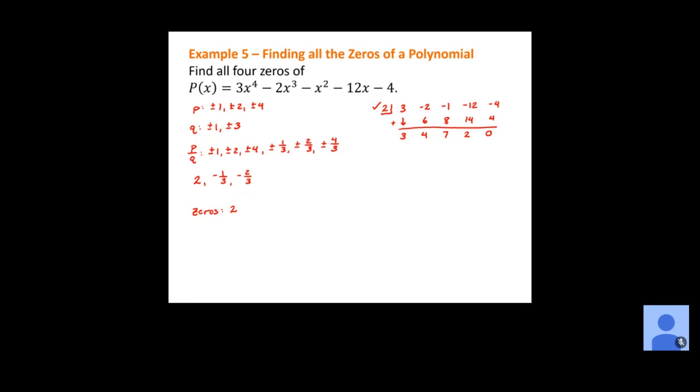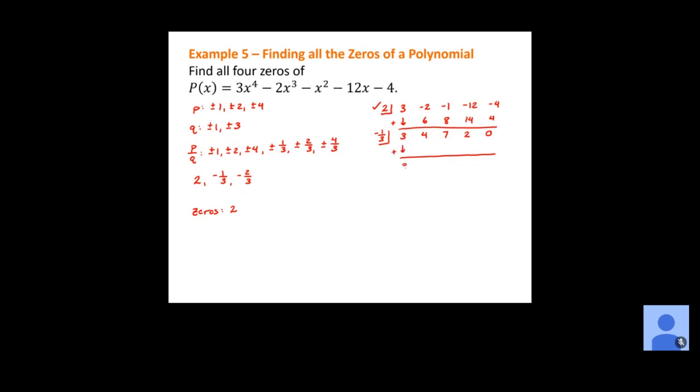All right, now, what do you want to test next? Okay, let's go with the negative 1/3. All right. And I can continue on from this list here, right? I don't need to go back to my original.